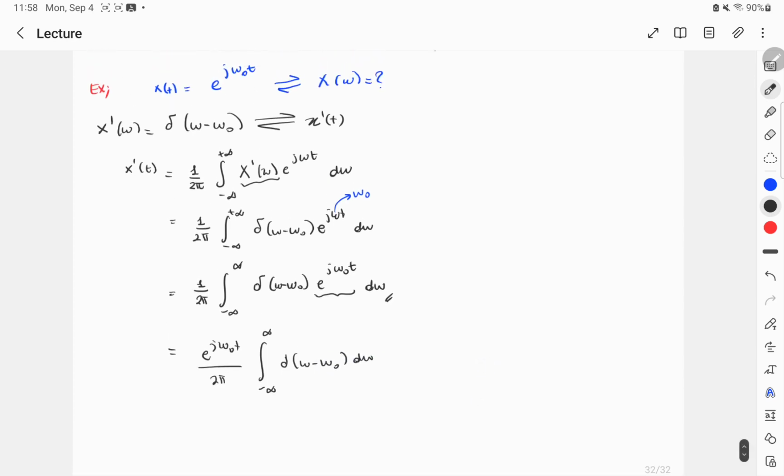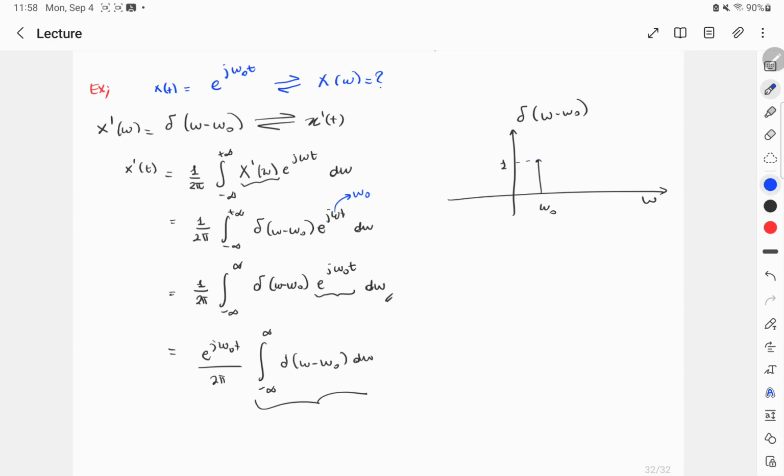And then since now this integration can be calculated really easily because, as we know, here we'll have the δ(ω − ω0), and in ω0 the value will take 1.